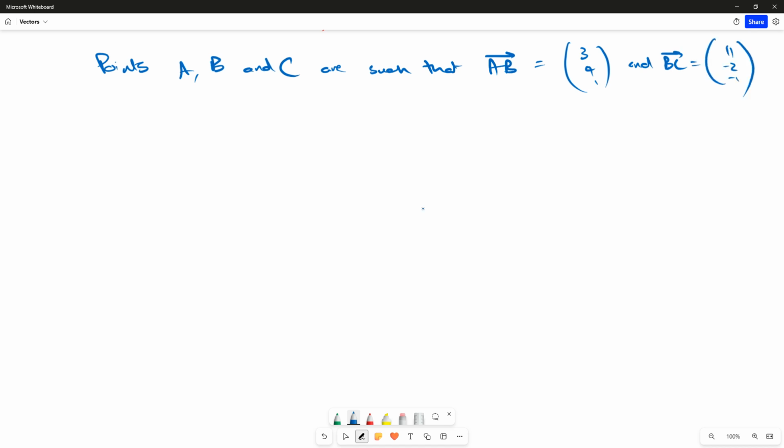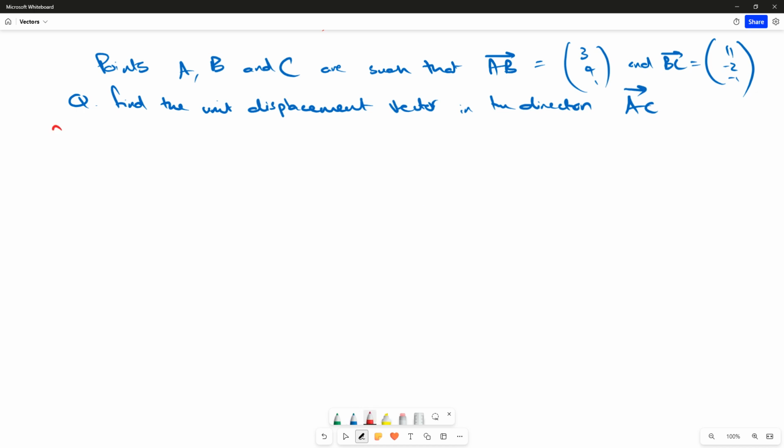Find the unit displacement vector in the direction AC. So the solution would look like this.